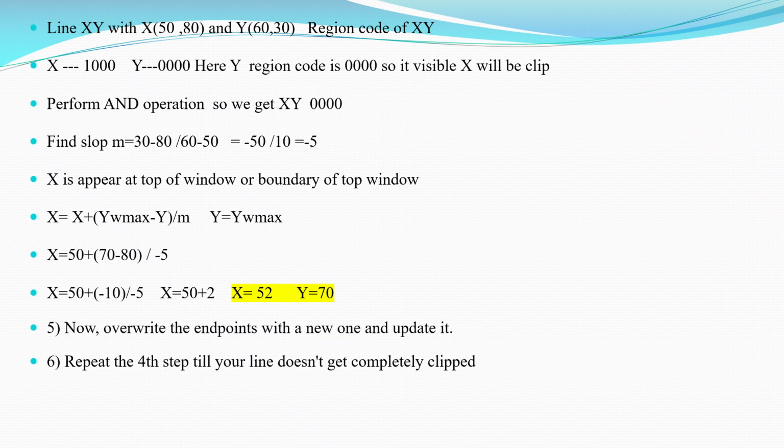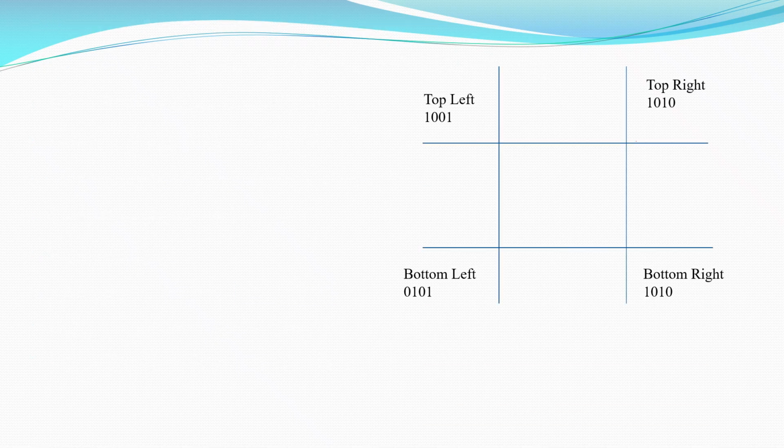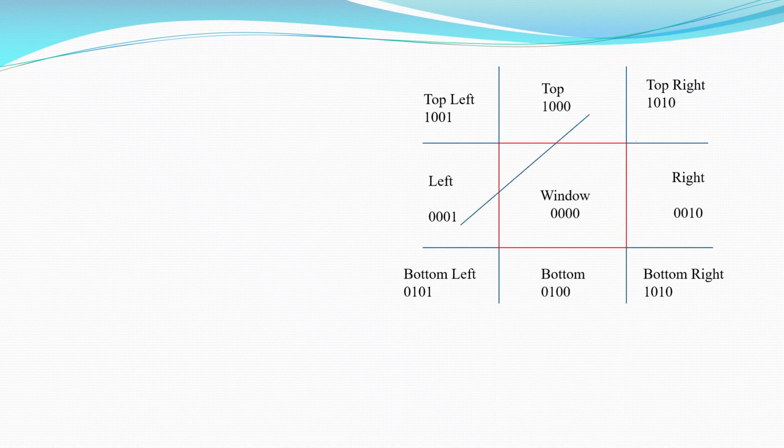So now override the endpoints with the new ones and update it. Okay, so it will repeat if you have any other lines in the window, so you can continue the procedure. This is the same to continue for all the lines we are given. So the end result of this, we get the lines, this is for your PQ.